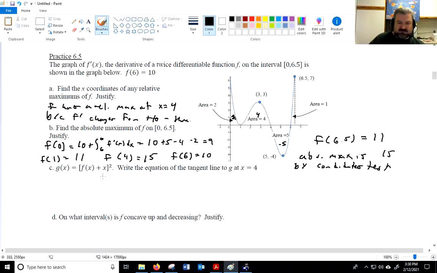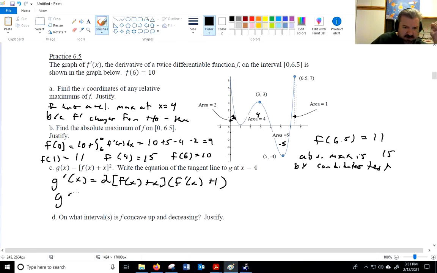All right, g of x equals f of x plus x squared. Write the equation of the tangent line to g at x equals 4. So if we're going to do that, we're going to need to find g prime of 4. So let's find g prime of x. Okay, we got to be careful here. We got to use the power rule first, but we keep everything the same inside. Then we multiply by the chain, which is f prime of x, and then plus 1.